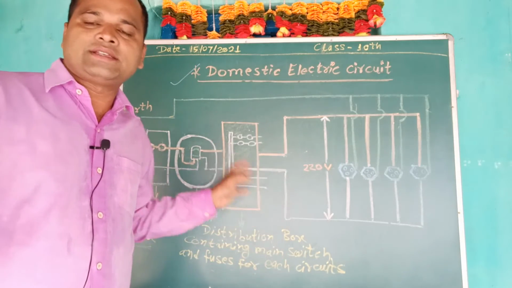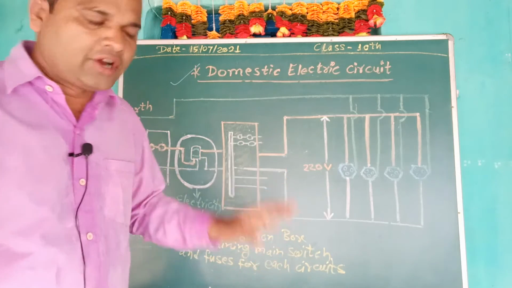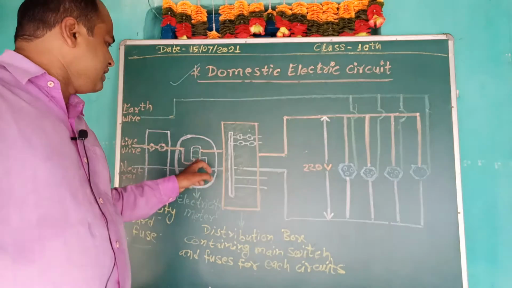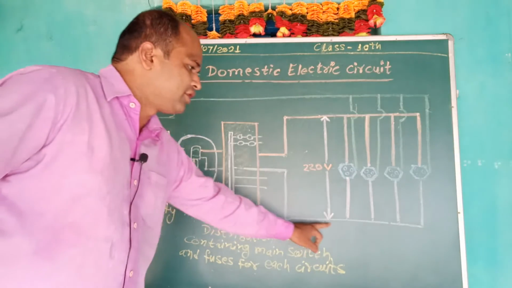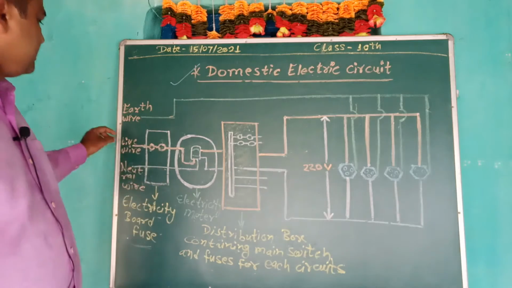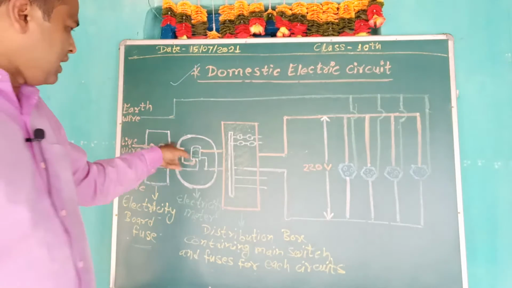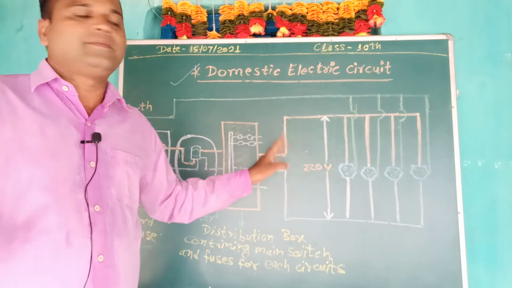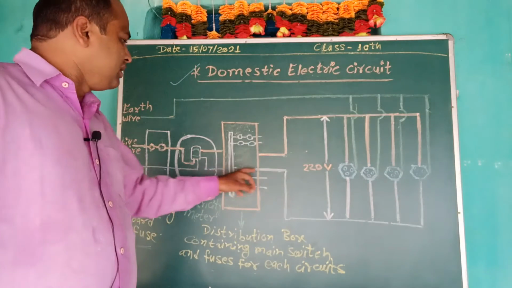Another wire with black insulation cover is called the neutral wire, or negative wire. The red insulated wire is the live wire, or positive wire, and the black one is the neutral wire, or negative wire.